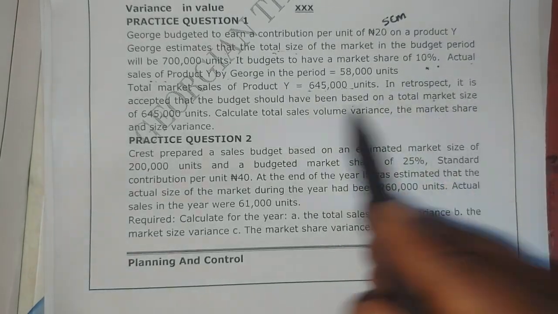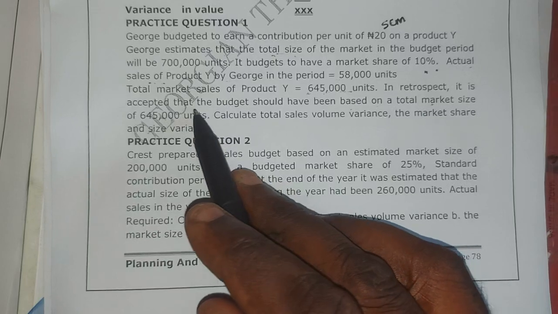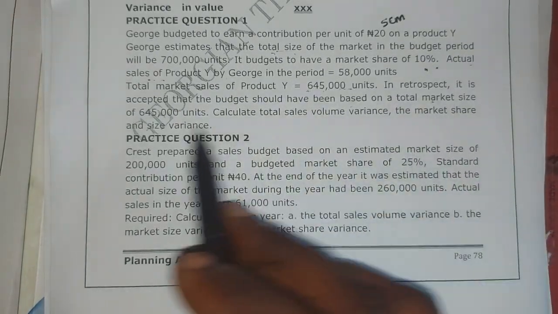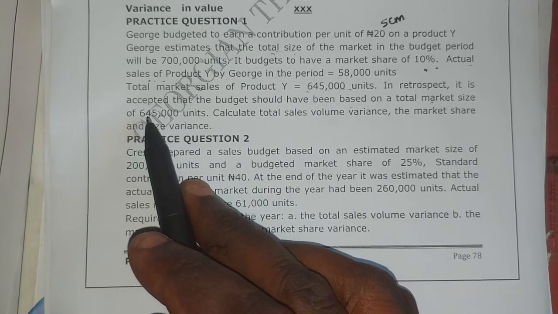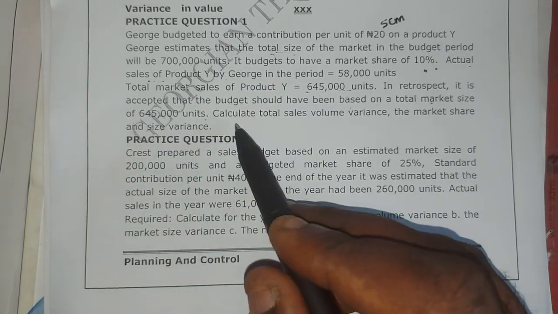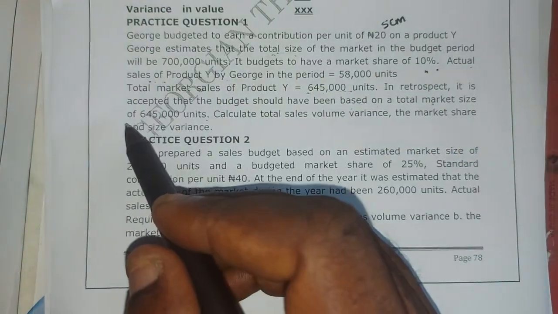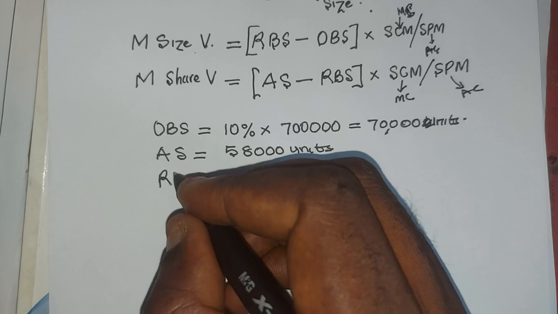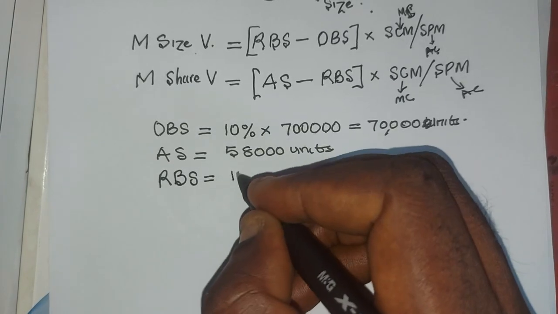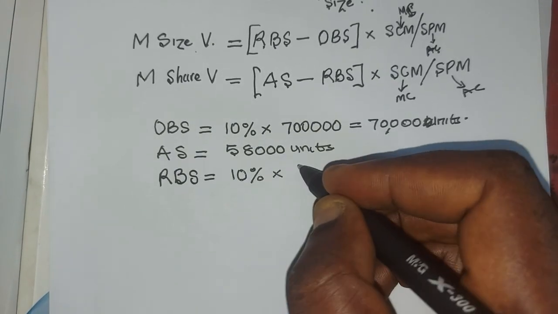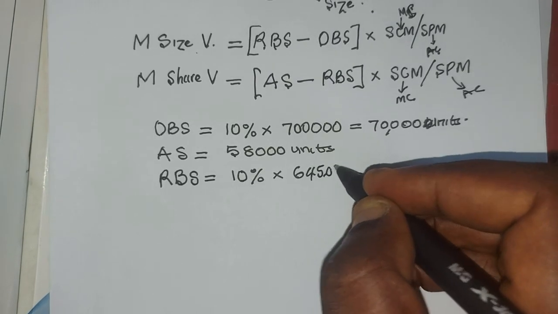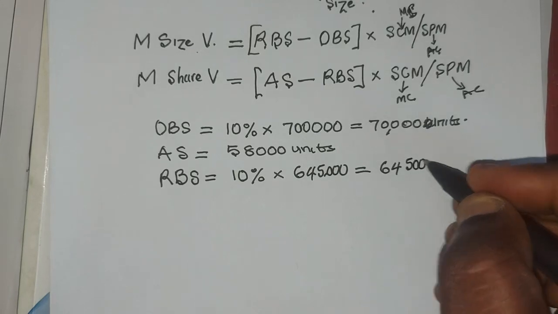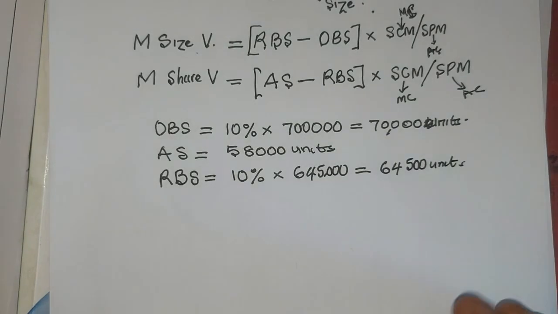In retrospect, it is accepted that the budget should have been based on the total market size of 645,000 units. So we have to revise the budgeted sales. It should have been 10% of 645,000 units, and that gives us 64,500 units. So that's our revised budgeted sales.